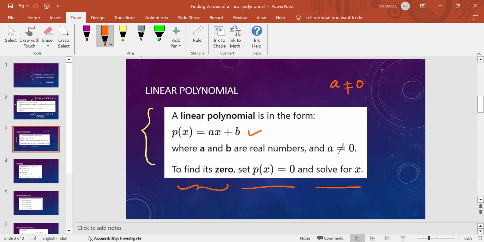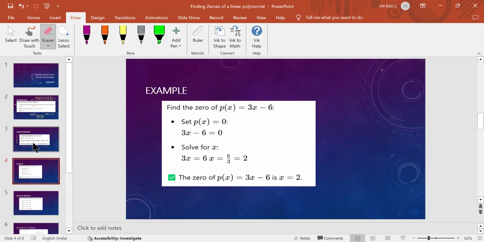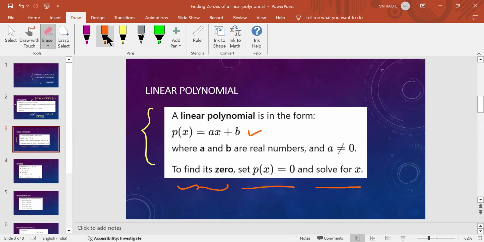In such problems, if I want to find the zero, the way is to set p of x equal to 0.